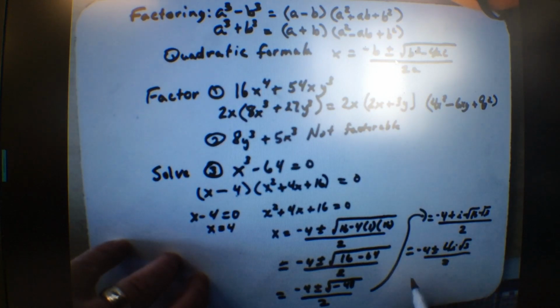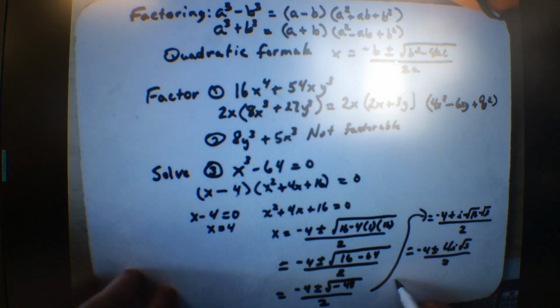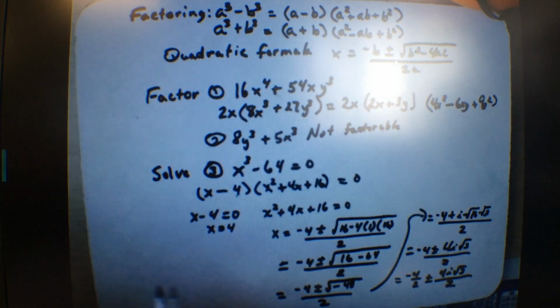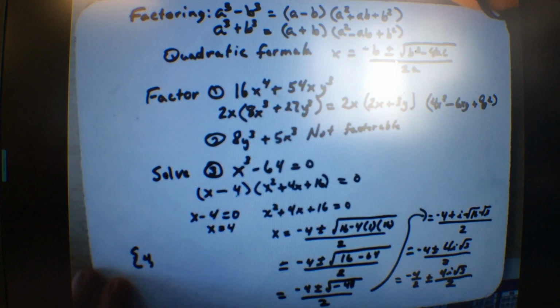And then you remember, since this is imaginary, you have to separate it. So a negative 4 over 2 plus or minus 4i square root 3 over 2. And I simplify. So my answers are 4, correct? 4.